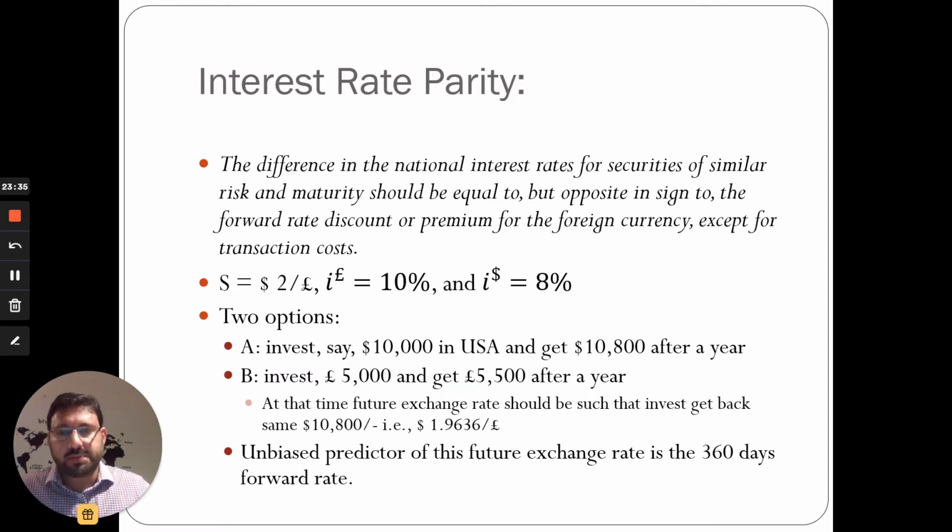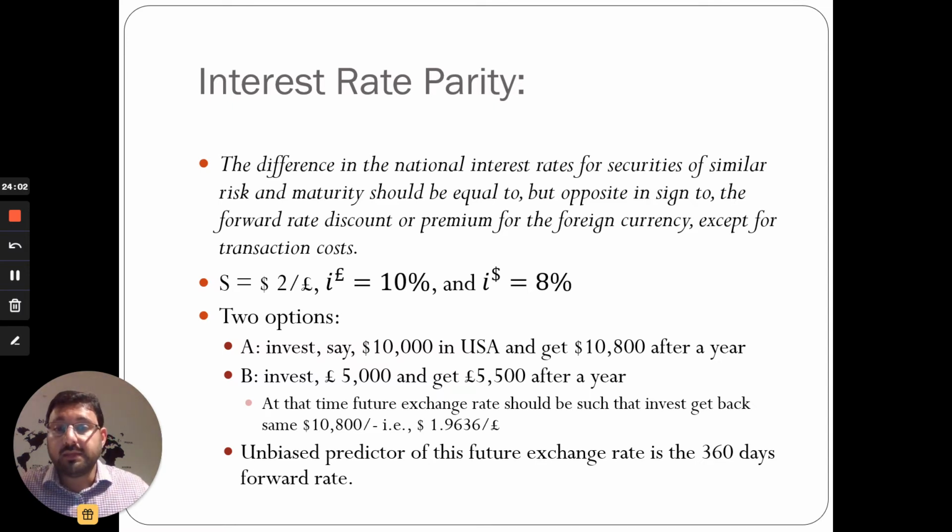The alternative option was that he could convert the 10,000 US dollars into 5,000 pounds and invest at 10% in the pound bond or security, and he will end up getting 5,500 after a year, and then eventually he has to convert it back.